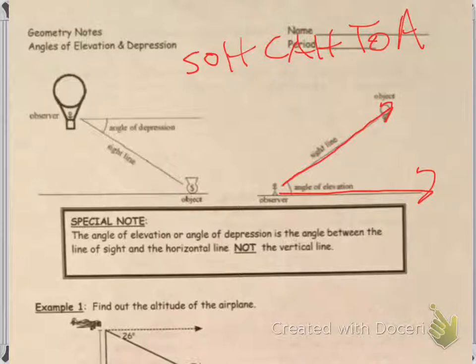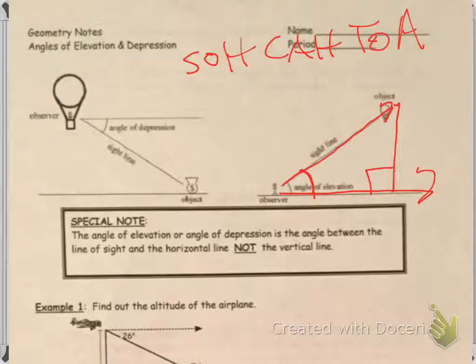We call this the angle of elevation because you're looking up. Elevation is how high something is. So you can create a right triangle here, and then use SOHCAHTOA to solve for the missing sides.